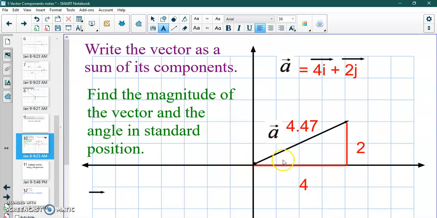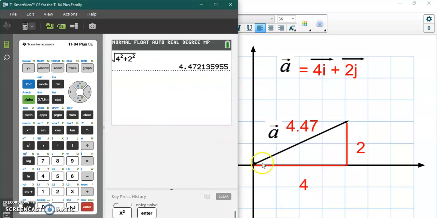And then our angle here, well, I'd rather use the numbers that are given that don't have decimals, and that's the opposite side and adjacent, so I'm going to use tangent. So tangent of our angle theta would be equal to the opposite 2 over adjacent 4. So I'm going to need to do inverse tangent of that ratio 2 over 4.